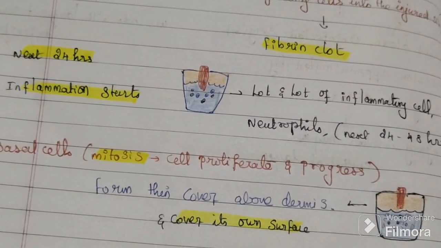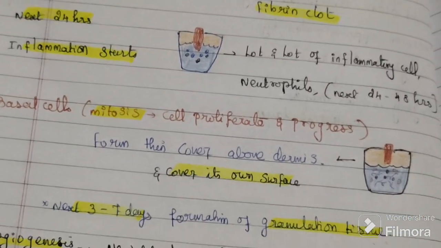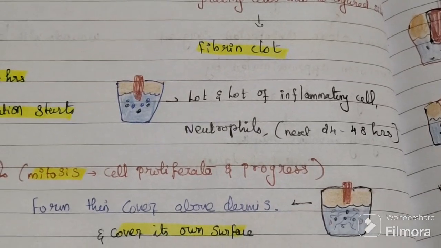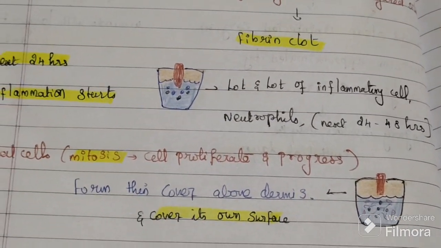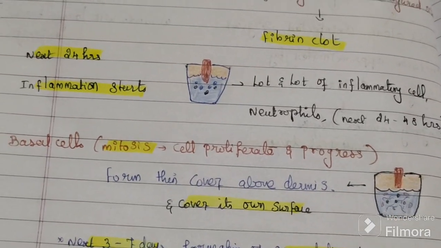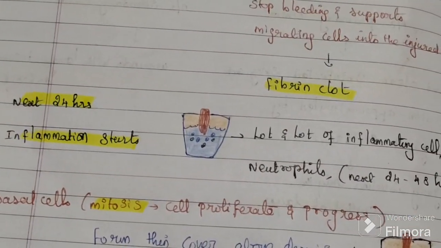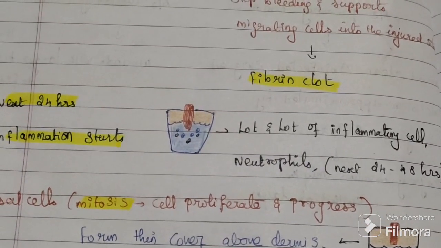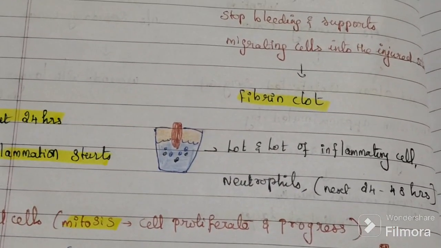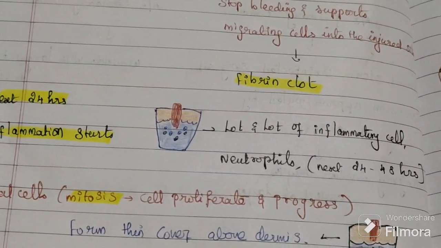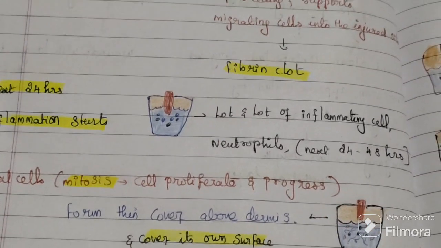Now what happens in the next 24 to 48 hours? Mitosis begins to appear. These cells start to proliferate and progress towards one another, and then they form a thin cover above the dermis.